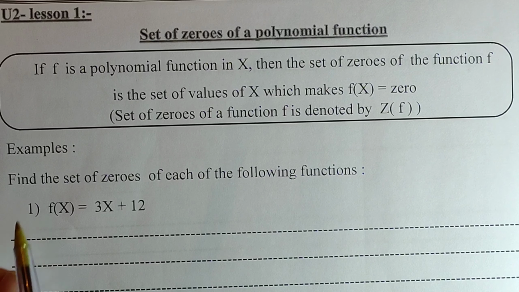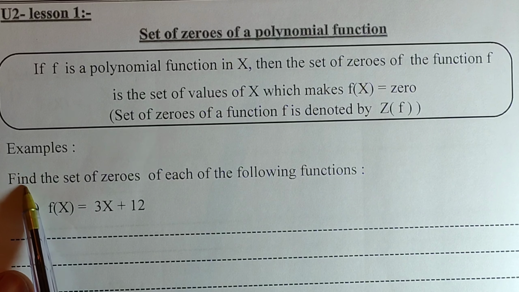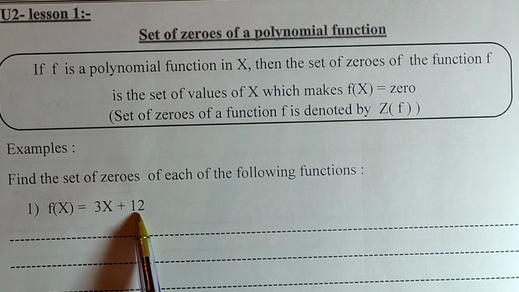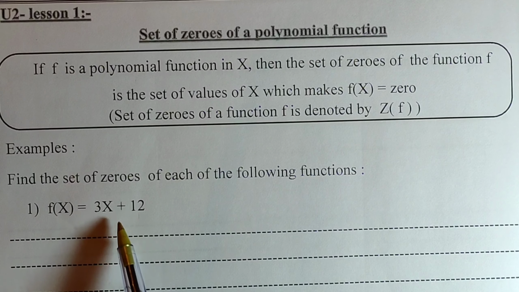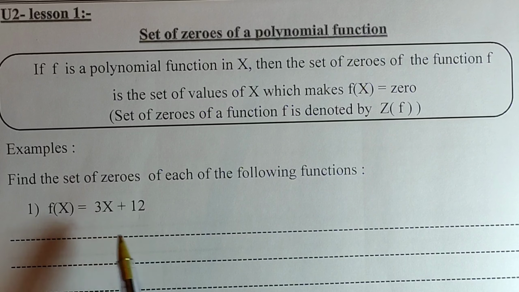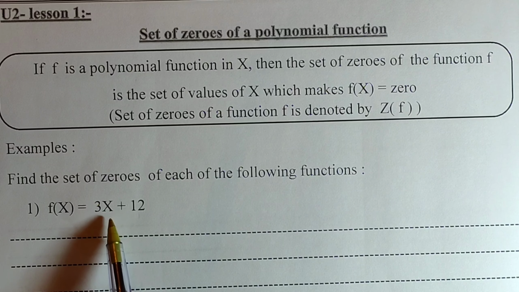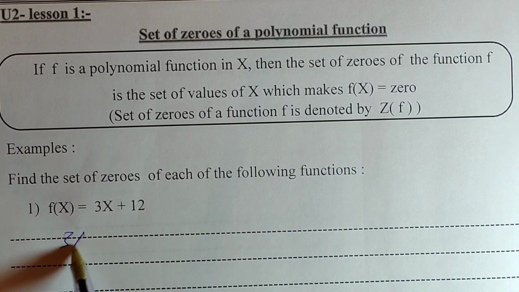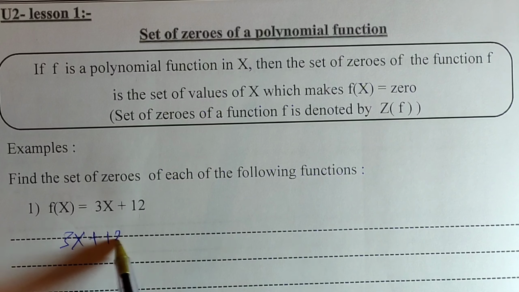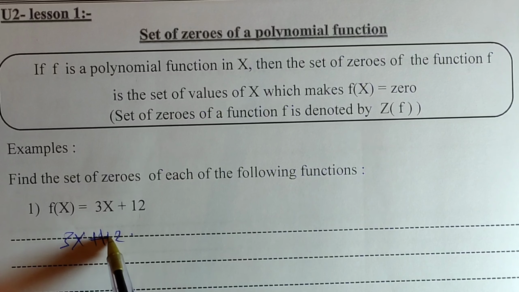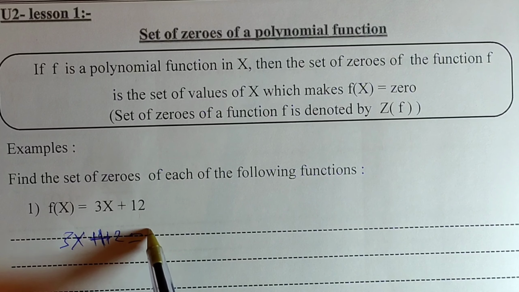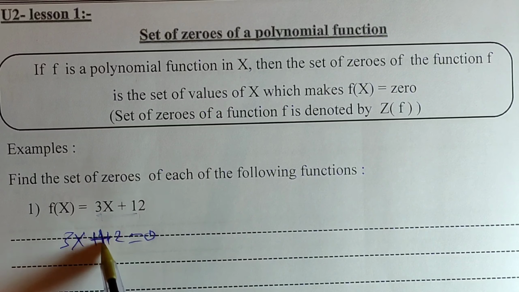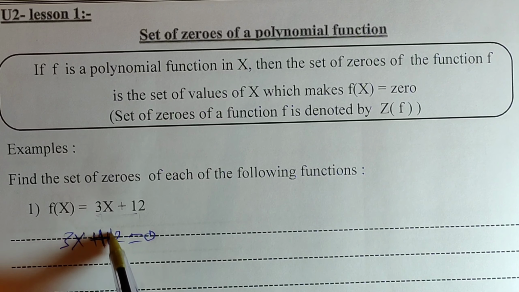For example, if we have here the function f of x equal 3x plus 12, how can we get the set of zeros of this function? To get the set of zeros of this function, we have to write 3x plus 12 equal 0.